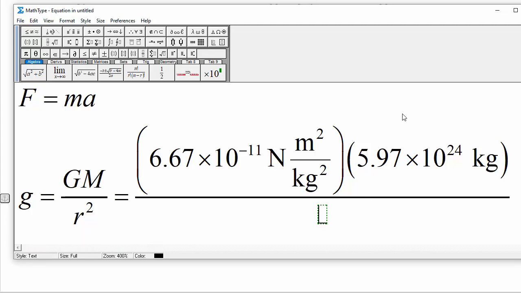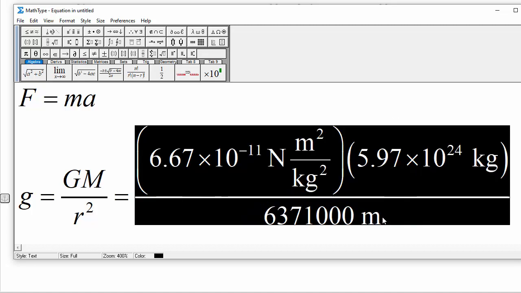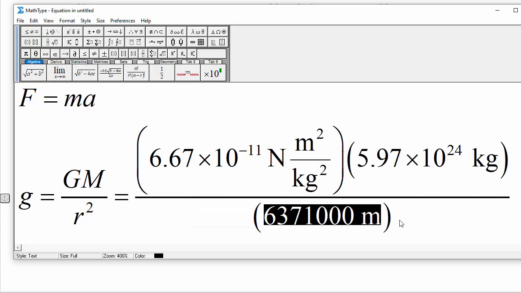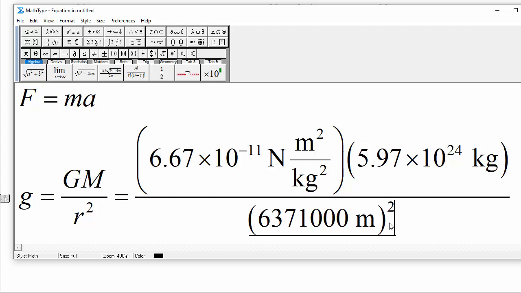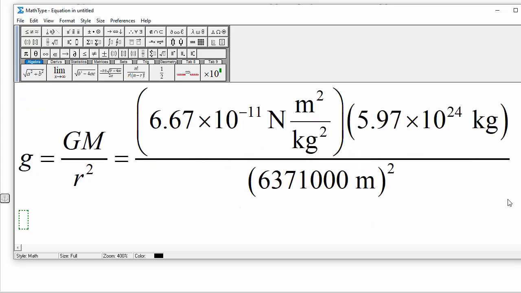These are all easy numbers to look up. The radius of the Earth is 6,371,000 meters, and this whole thing gets squared. And if we were to plug this into our calculator, we would find that the value of g equals 9.8 meters per second squared.